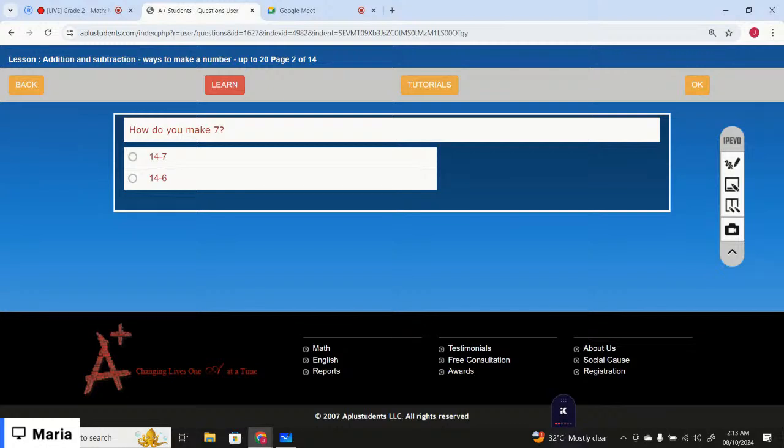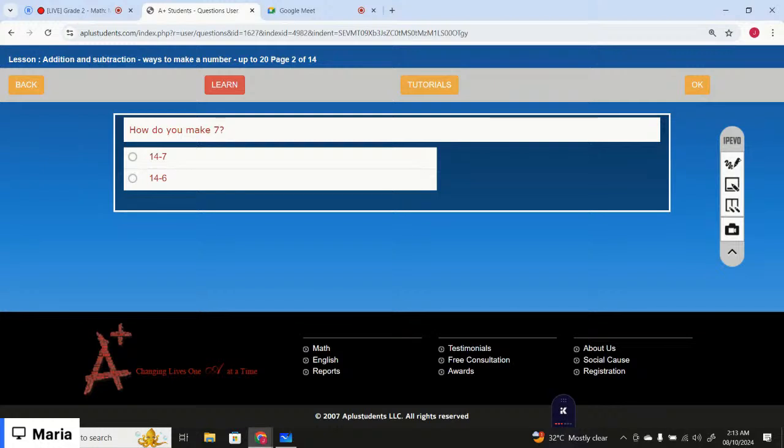The next one is how do you make 7? So you're given two options. Just subtract and check which one makes 7. Which is the correct option?